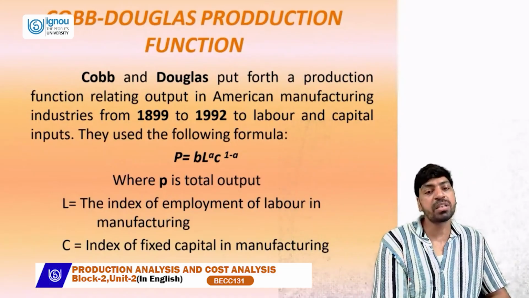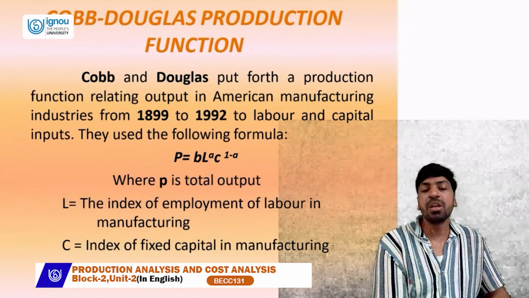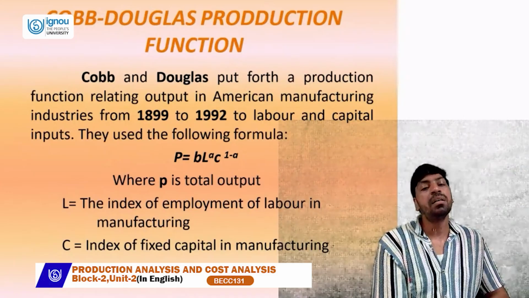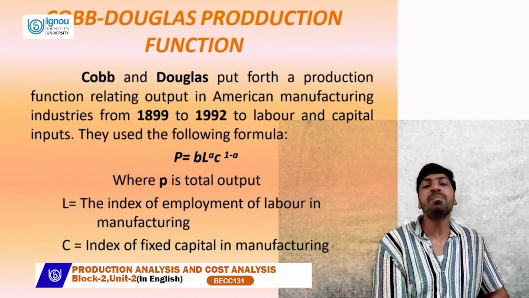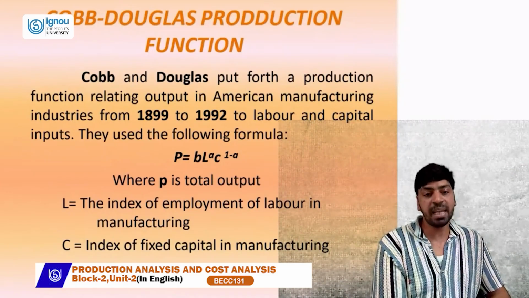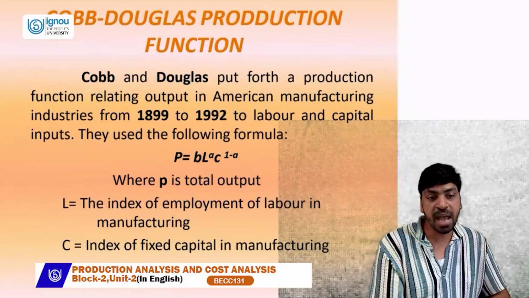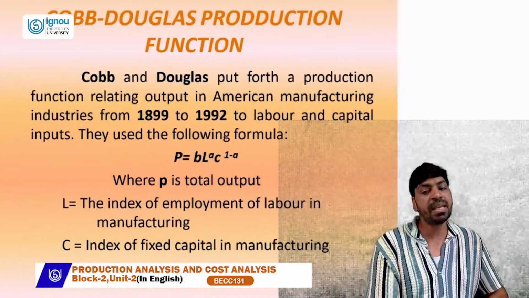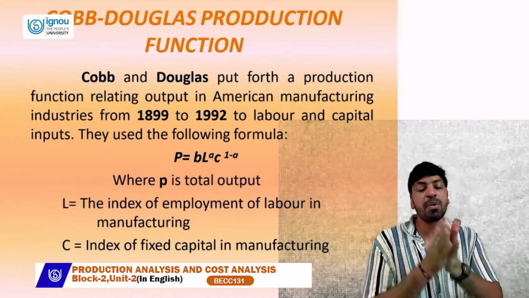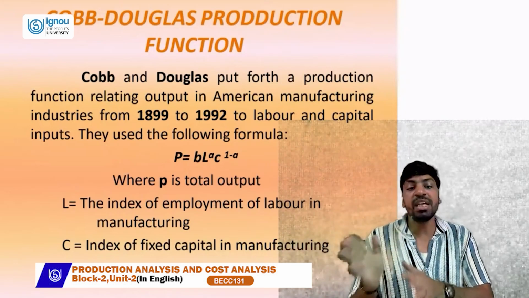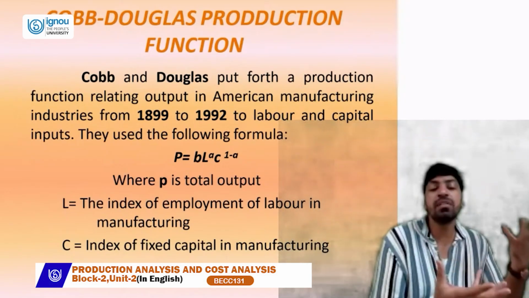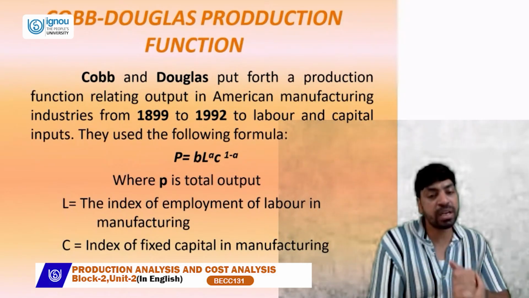Cobb-Douglas production function, which is P = bL^a C^(1-a), where P is the total product, and L is the index of the ratio in which the employment of labor changes in manufacturing, or the changes of the fixed capital in the manufacturing industry.